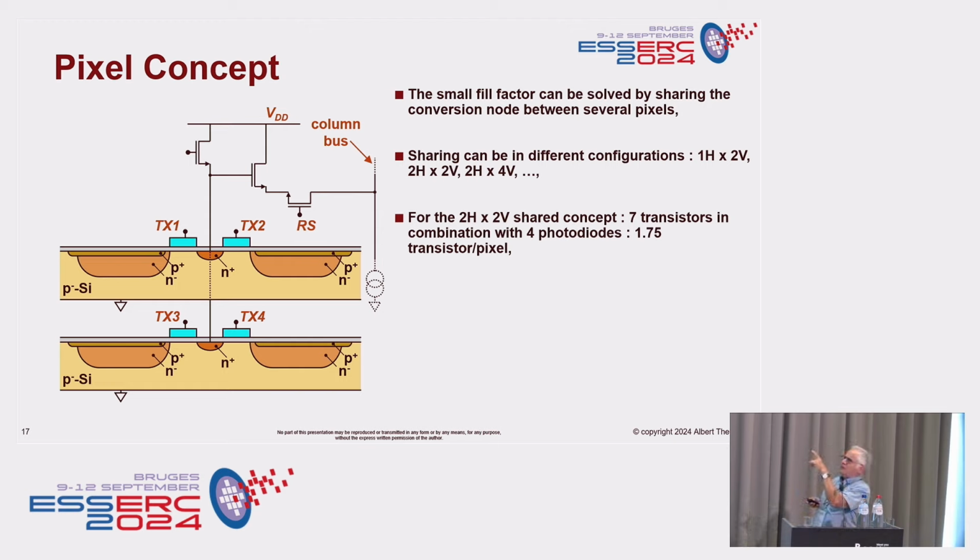Now, if you count the transistors, we have 4 transfer gates, the reset, the source follower, and the row select. Now we have 7 transistors for 4 pixels. That actually means that we have this beautiful pixel concept now with 1.75 transistors per pixel, you see? And that is actually the technology that is being used widely in CMOS image sensors, what you and I have in our mobile phones. This is actually the concept.